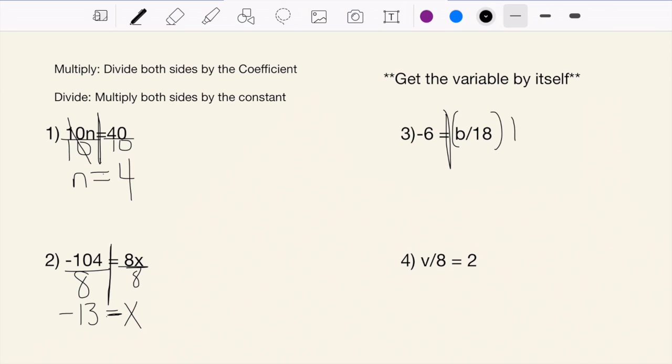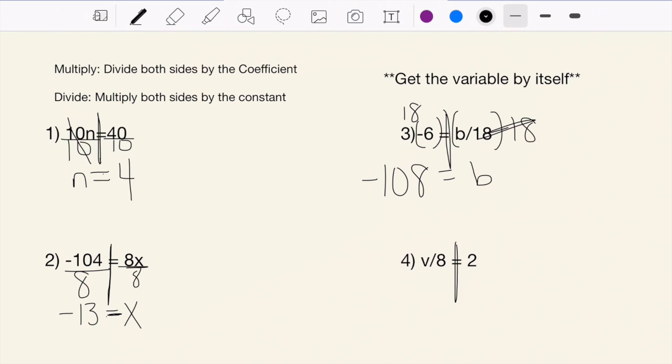So on both sides we're going to multiply by 18. And so that'll cancel out on this side, and we're left with just b. Then on this side, we have 18 times negative 6, which will give us negative 108.